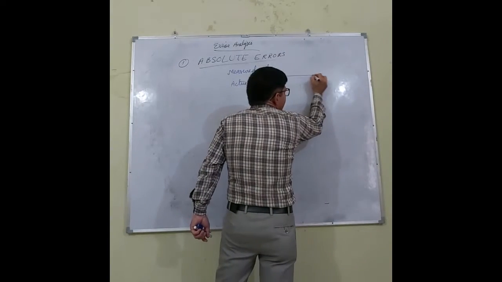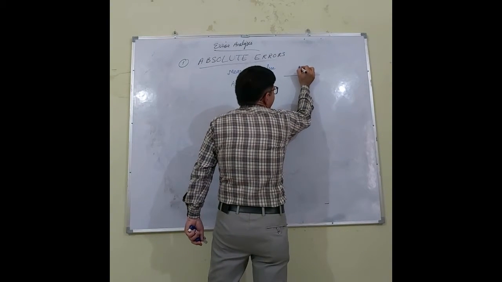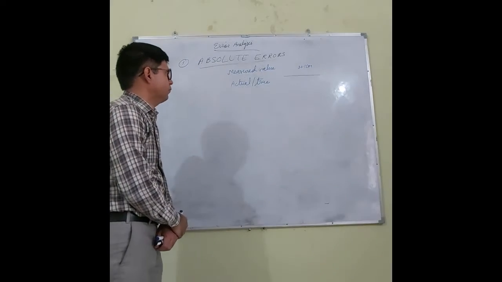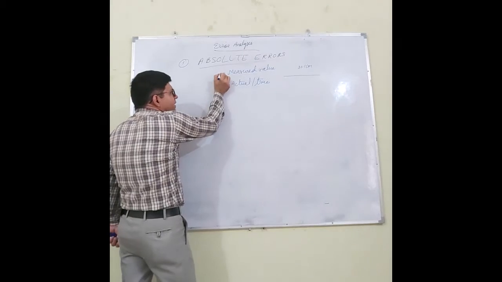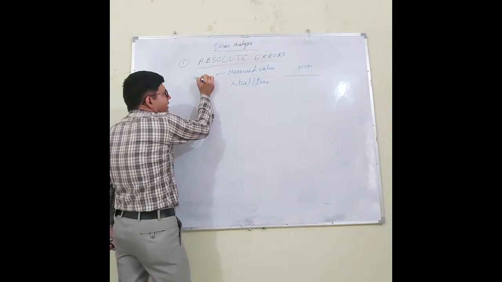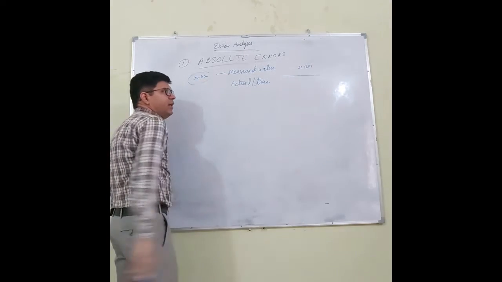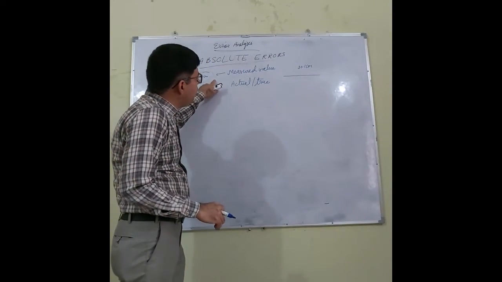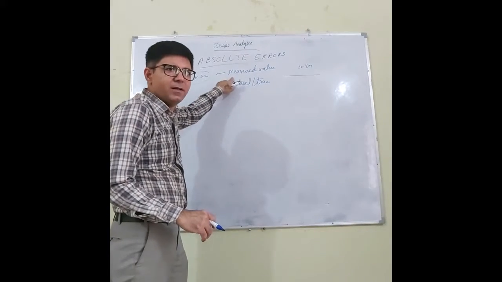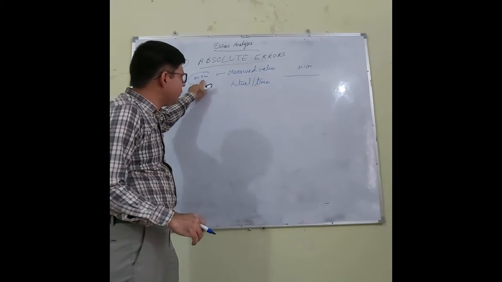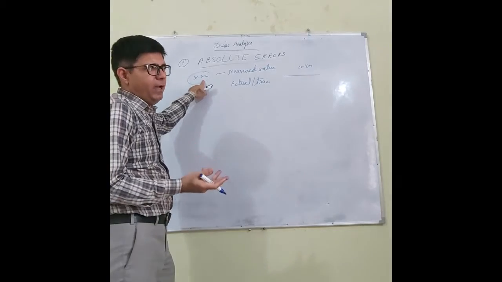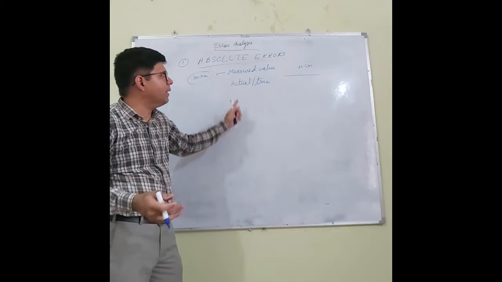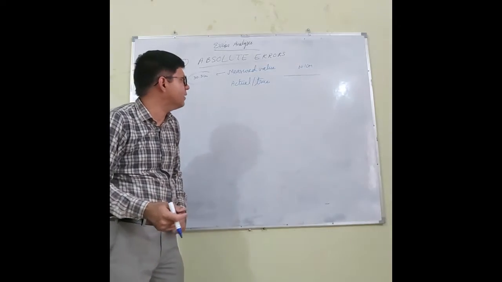If I say this is a line, its length is 30.1 centimeter, and if you measure this as 30.3 centimeter, then this 30.3 centimeter is the measured value. It can differ from person to person. If you measure, it may be 30.3 centimeter. If I measure, it may be 30.1 centimeter. If somebody else measured, it may be 30.0 centimeter.